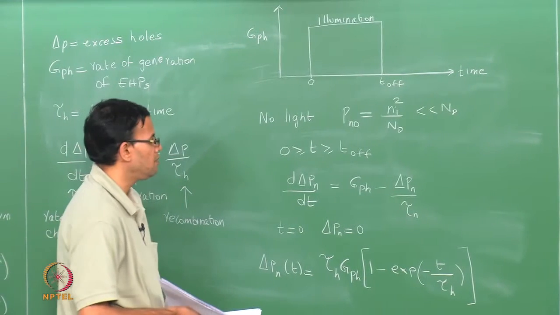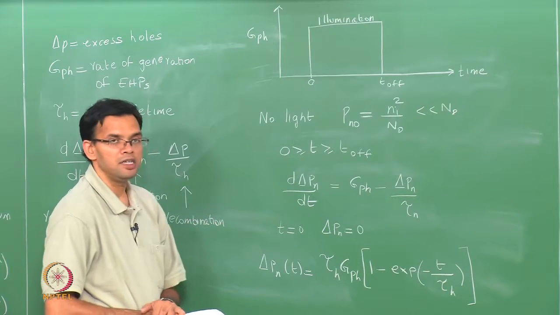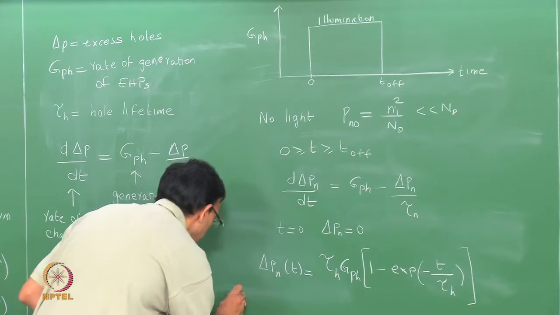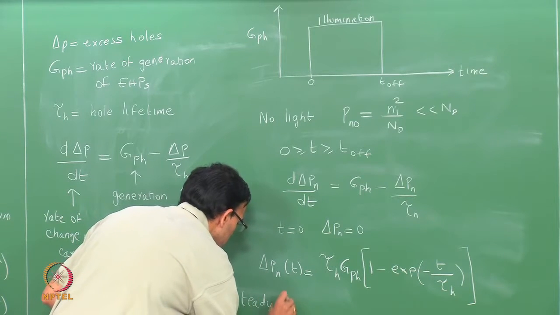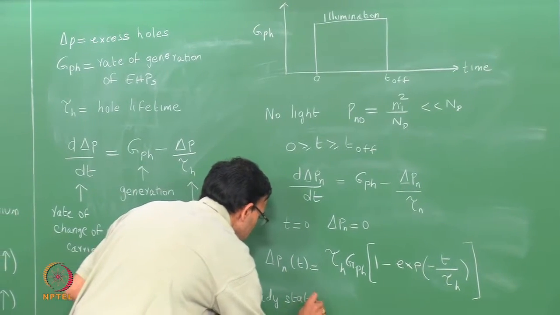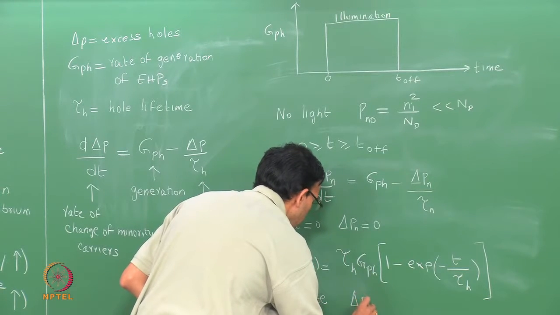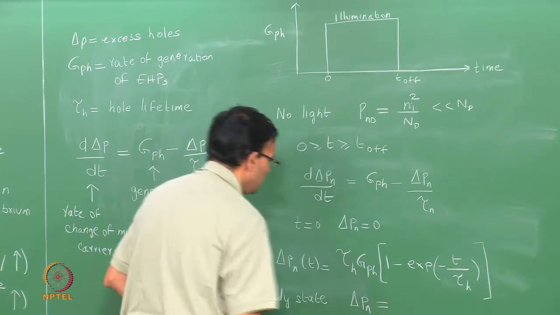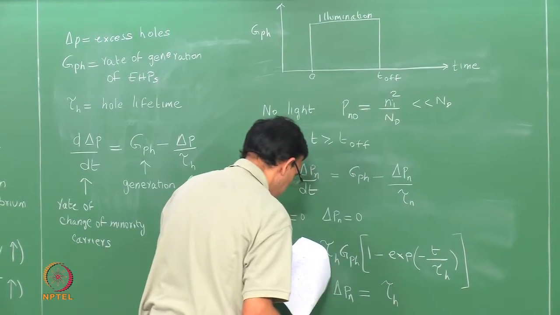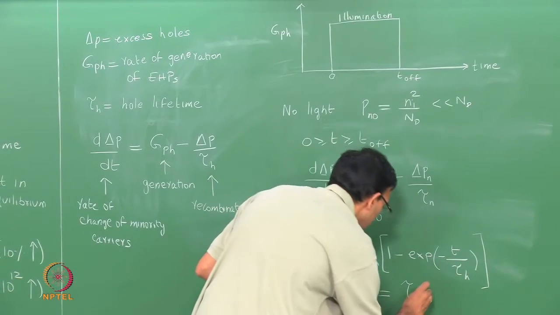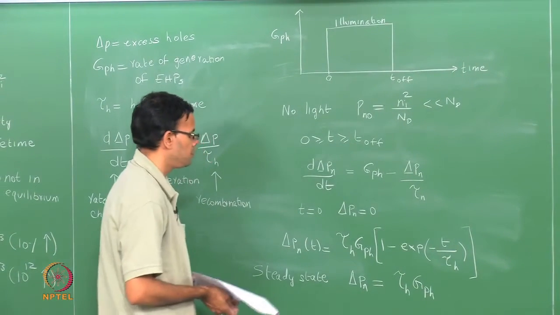So, when the system has reached steady state, your d delta Pn over dt is 0. So, at steady state, the concentration of excess holes is nothing but tau h Gph.